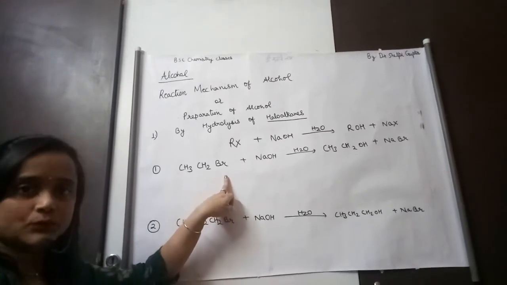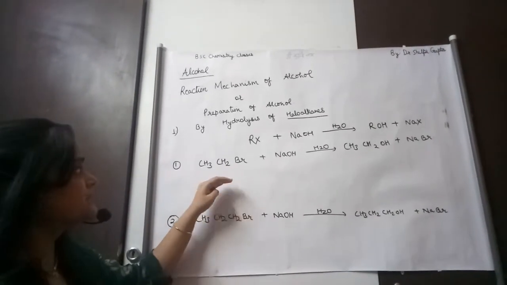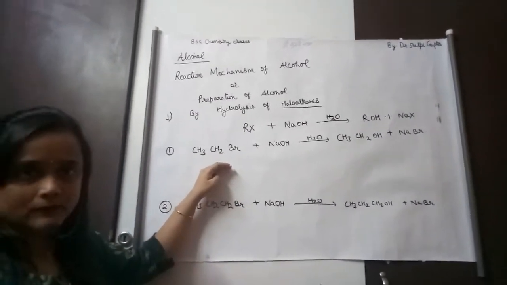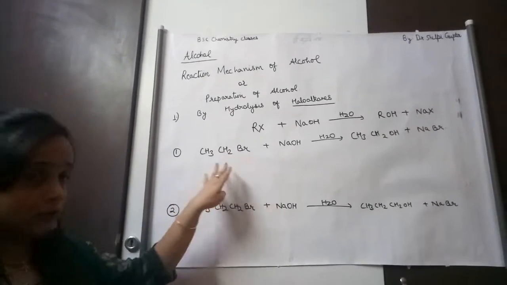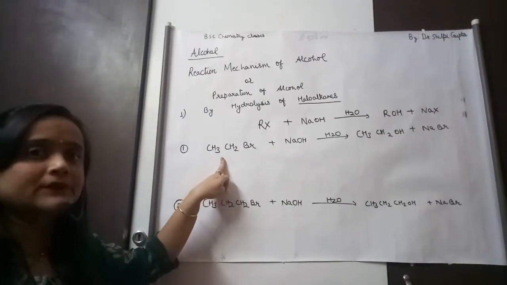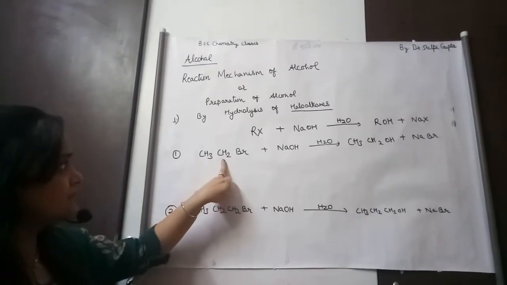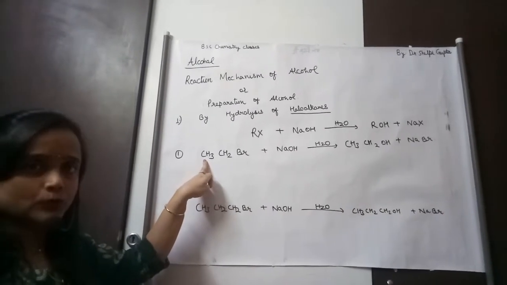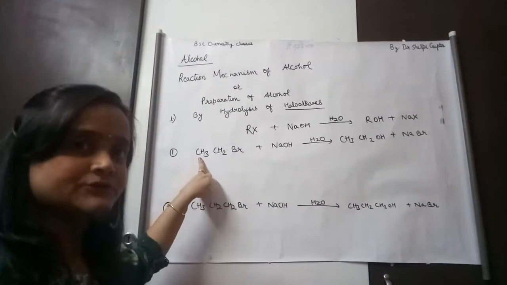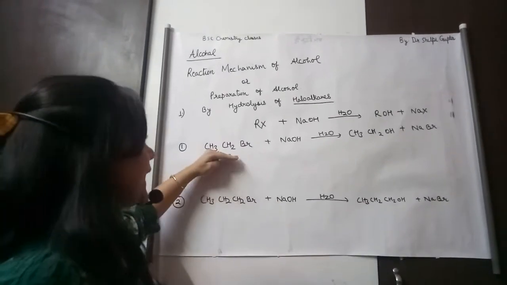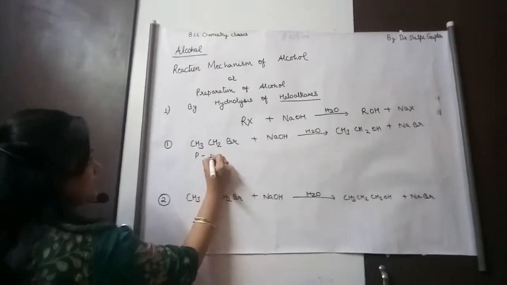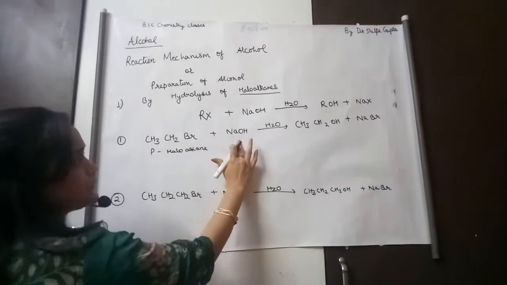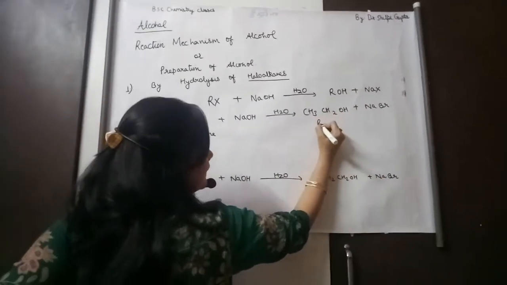CH3CH2Br. You must be familiar with this, as I explained in the previous video. This is a primary haloalkane, which means the carbon atom attached to the Br is attached to only one other carbon, the methyl group. I explained what primary, secondary and tertiary mean in the previous video. When a primary haloalkane is treated with sodium hydroxide, what we get is a primary alcohol.